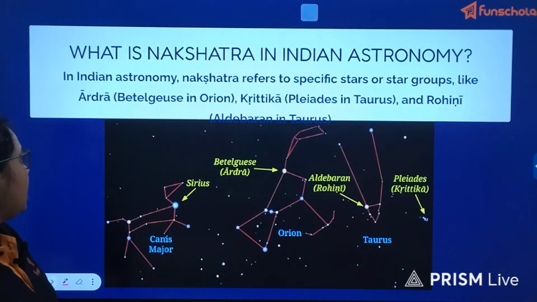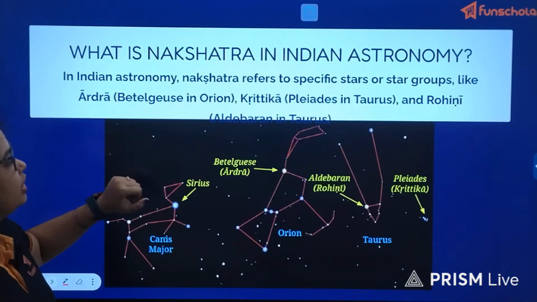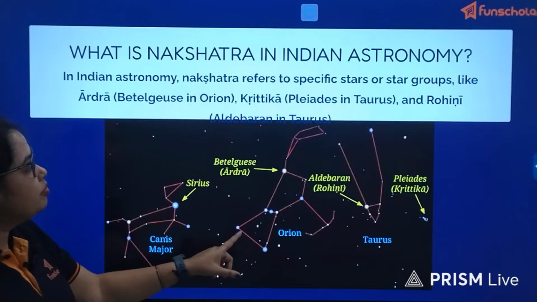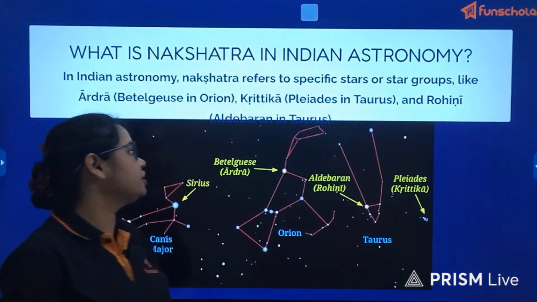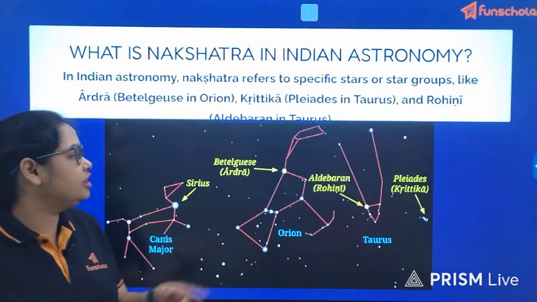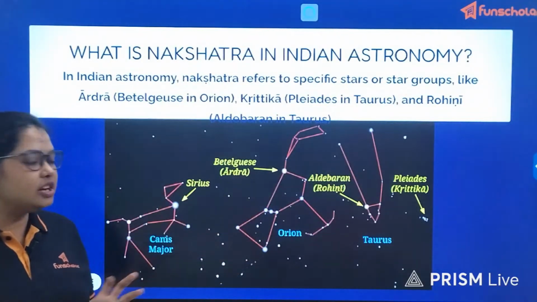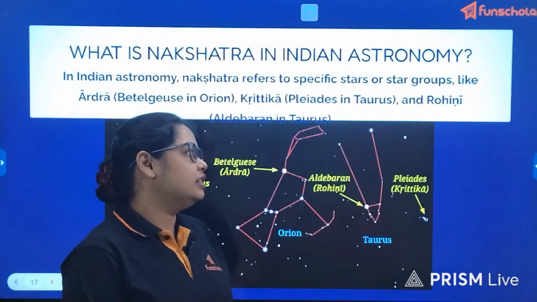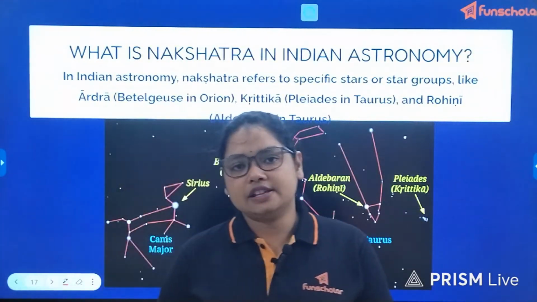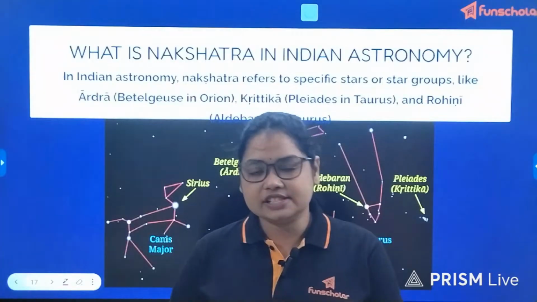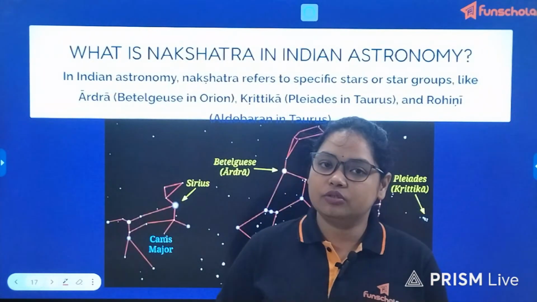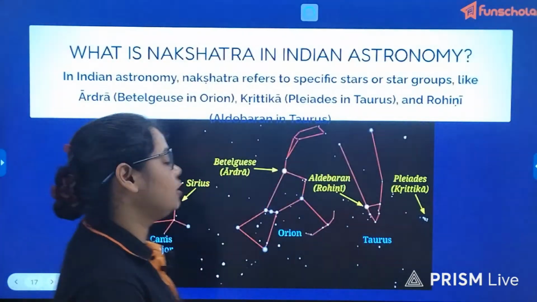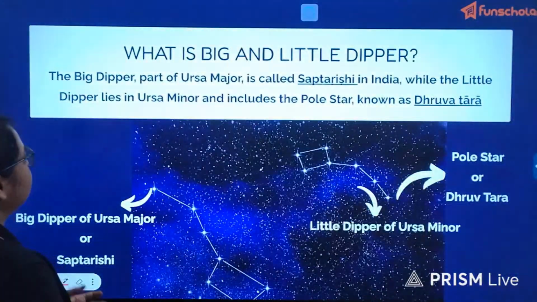For example, Adra means Betelgeuse in Orion. Kritika Nakshatra means the Pleiades in Taurus, and Rohini Nakshatra means Aldebaran in Taurus. The nakshatras also have astrological significance, because each and every person is born under a particular nakshatra, just like a particular zodiac sign.